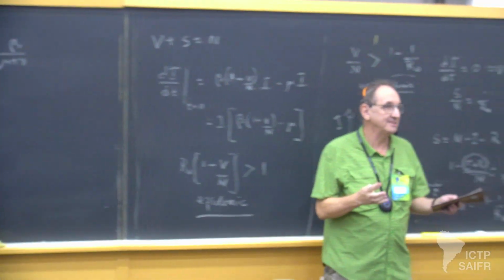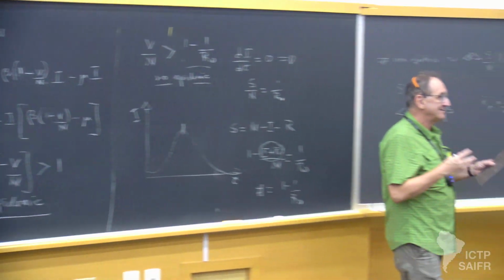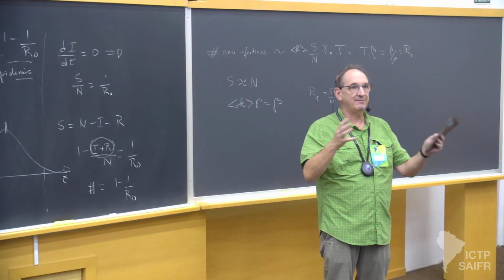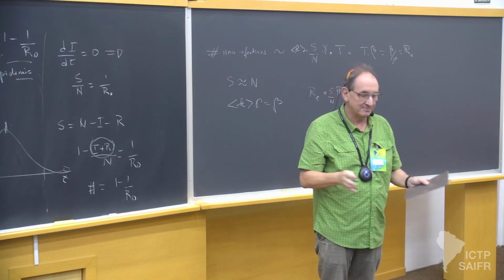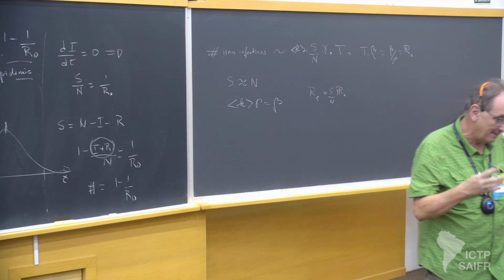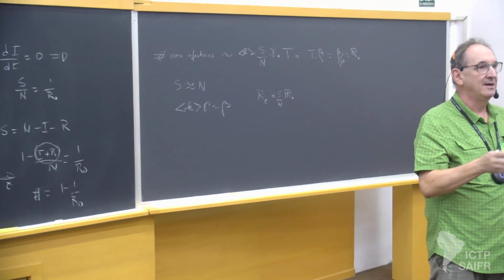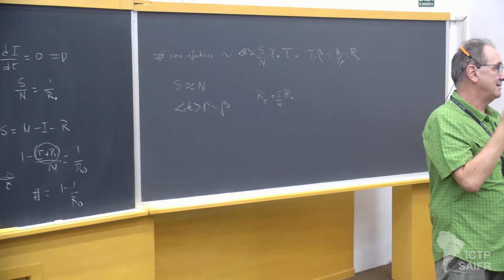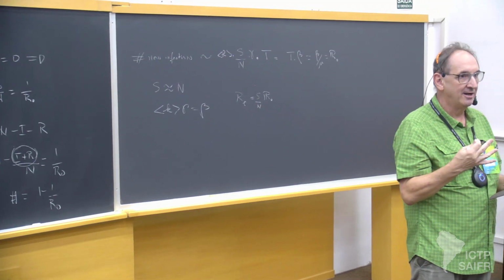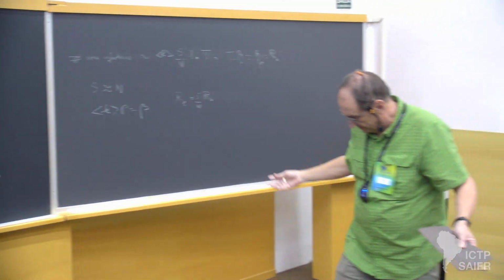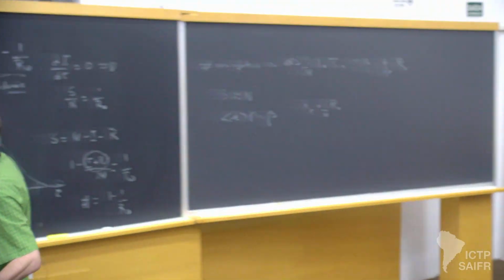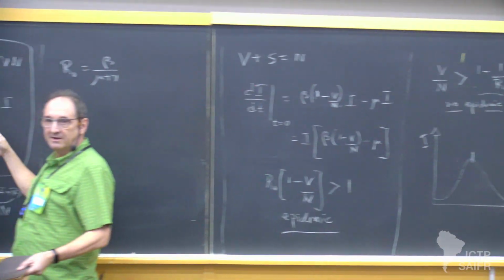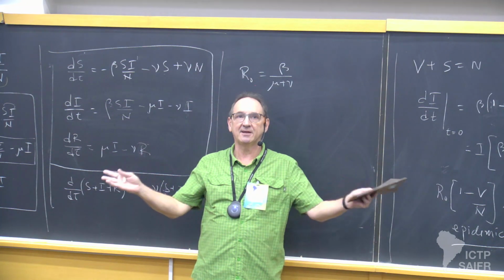A fixed point is a point. If you know dynamical systems, you know this. But if you don't, it's just the values of S, I, or R, such that the right-hand side is 0, and therefore you are at a static equilibrium.